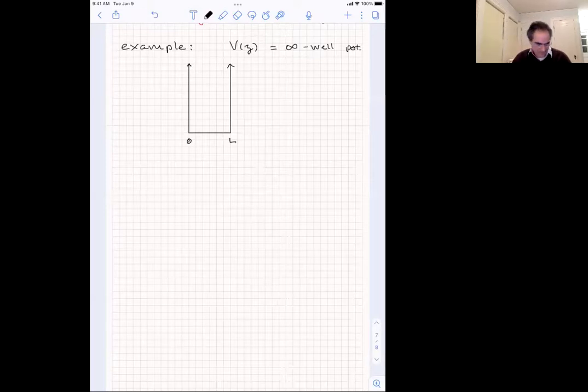Okay? But of course, the particles are free to move in the x and y direction. So for this confining potential, the reason that we picked this is that it's such a simple problem that we already know the answers.